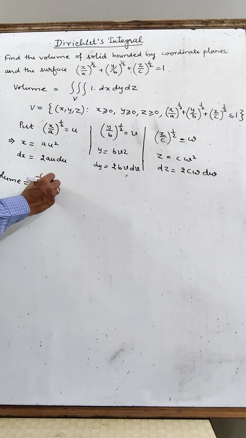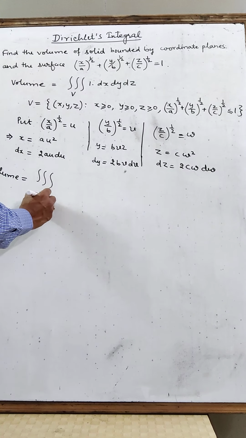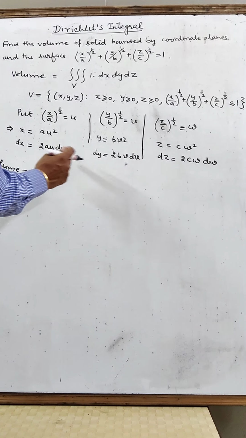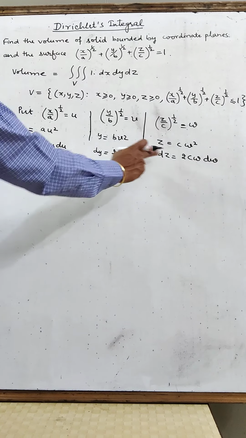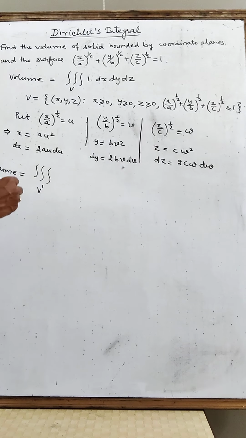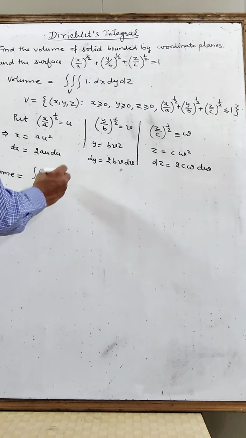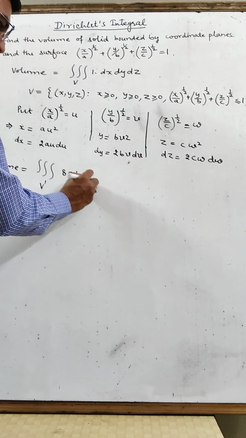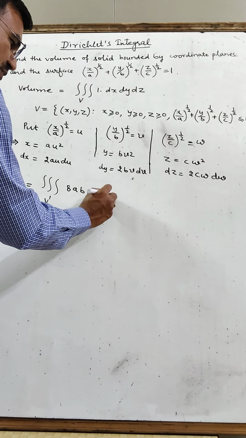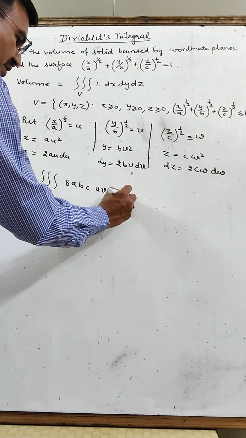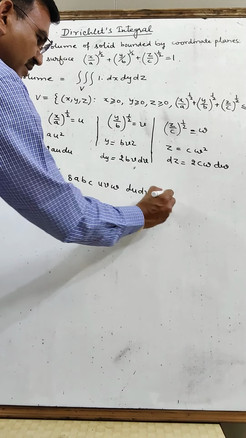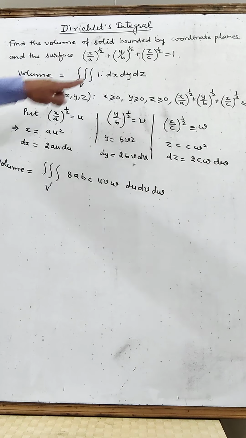It means our volume will be equal to the triple integral over the new region V dash of dx dy dz. So it would become 2 into 2 into 2, 8abc uvw du dv dw. Again look, here the integrand was 1.